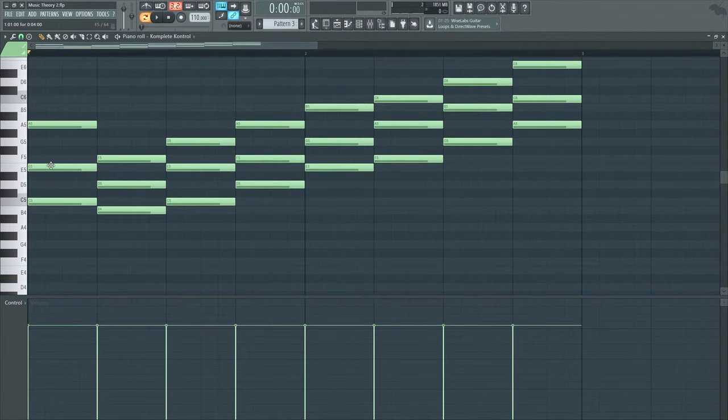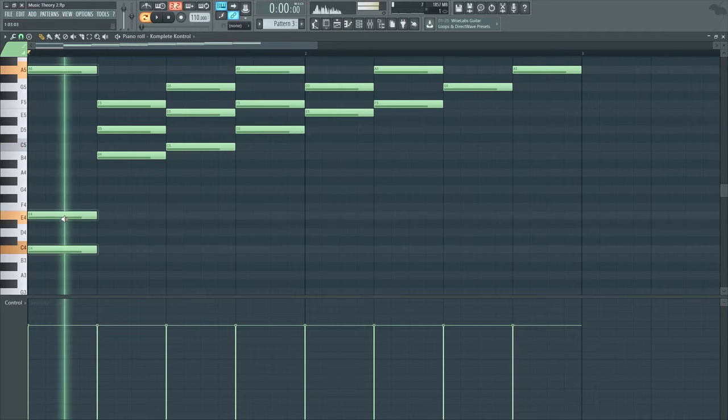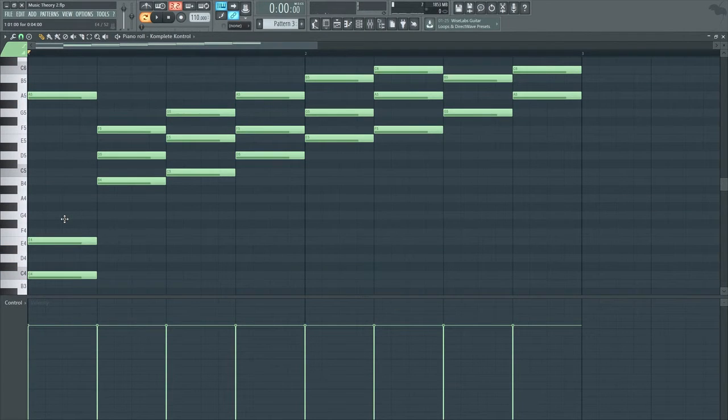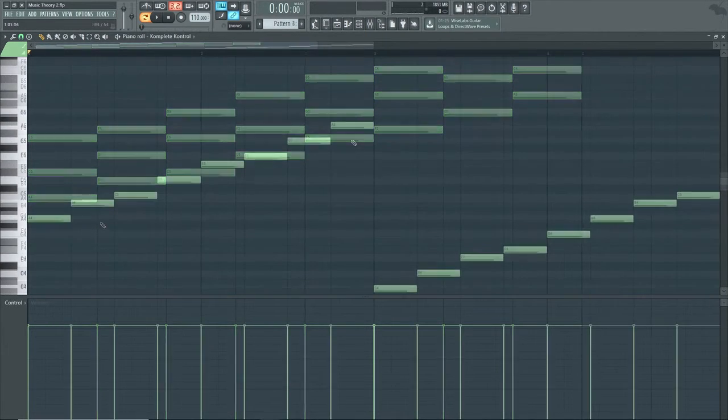So I can rearrange these anywhere I like, and it's still the same chord. It's just an inversion of the chord. Sometimes that's confusing to people if they don't understand. It's just rearranging the chord into a different combination, but using the same notes.